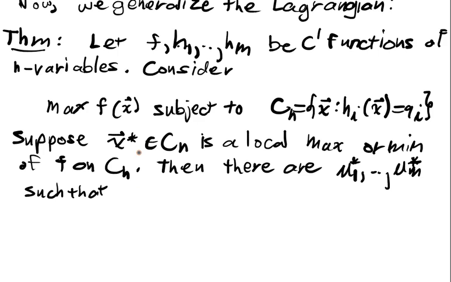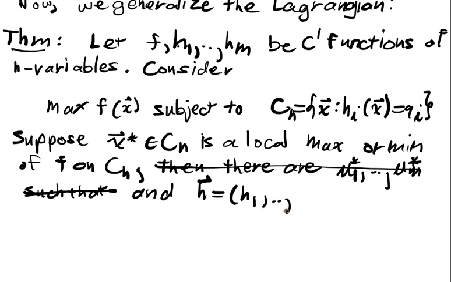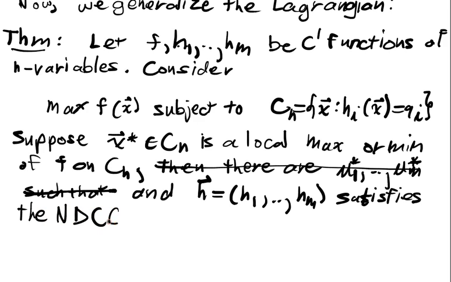So we actually also want to have, so scratch this, we'll jump ahead. So suppose that this holds and h equal to h1 through hm satisfies the NDCQ at x star.